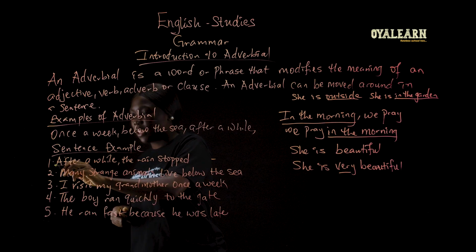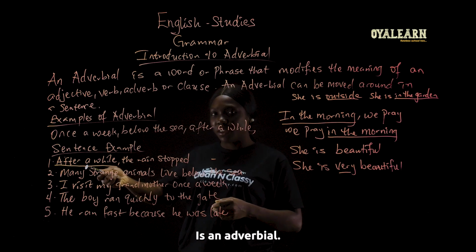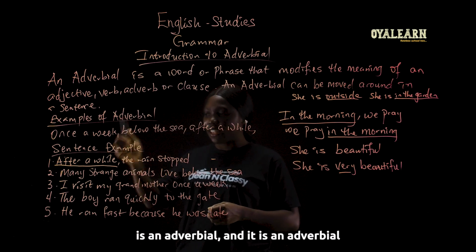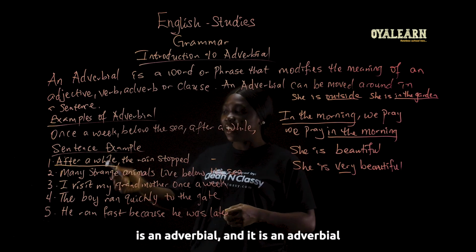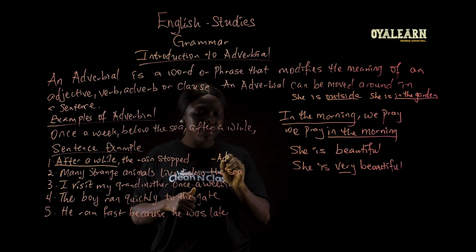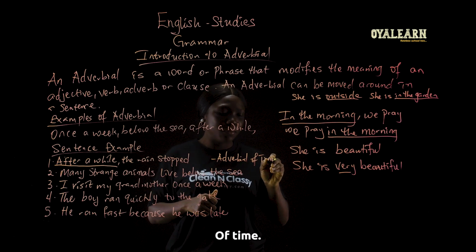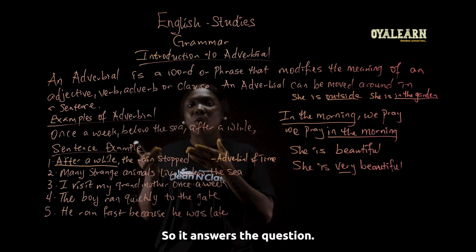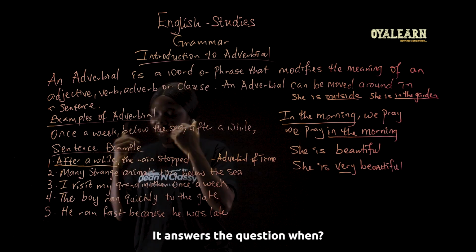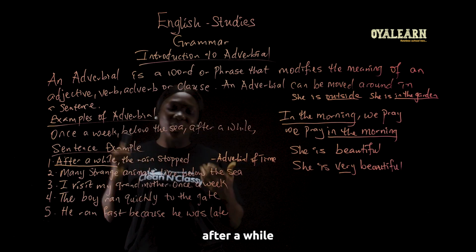This phrase, after a while, is an adverbial, and it is an adverbial of time. So it answers the question when. When did the rain stop? After a while. All right.